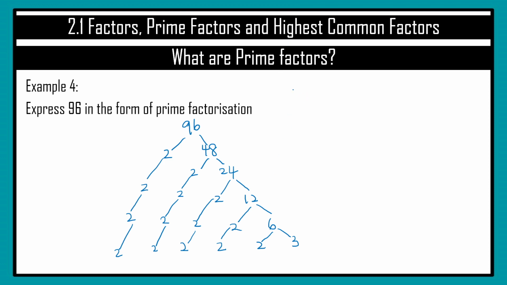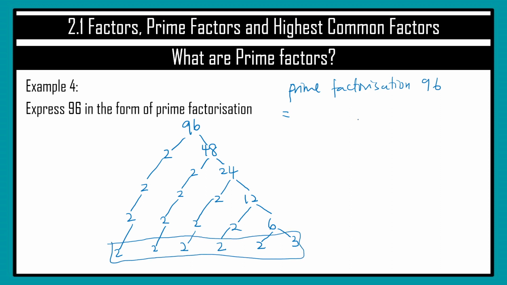Okay, so our prime factorization for 96 would be all the numbers in the lowest tier. So it will be 2 multiply with 2 multiply with 2, 1 2 3 4 5, make sure you write them 5 times, and 3.